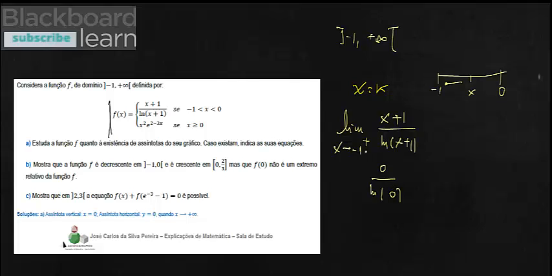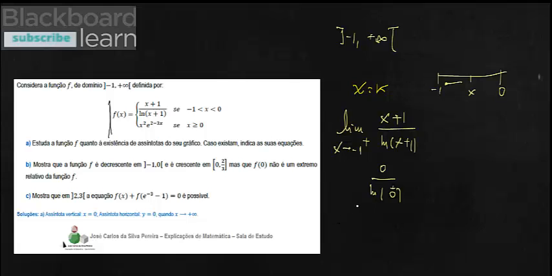It is quite simple to understand, because if I'm approaching x to -1 by the right, I'm adding something to the value -1, so I have a positive number. I'm going to put here the sign plus.